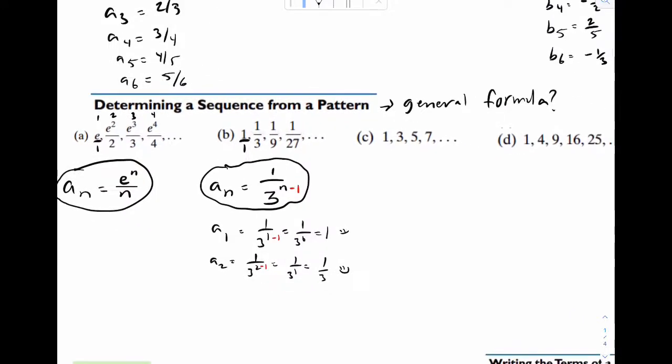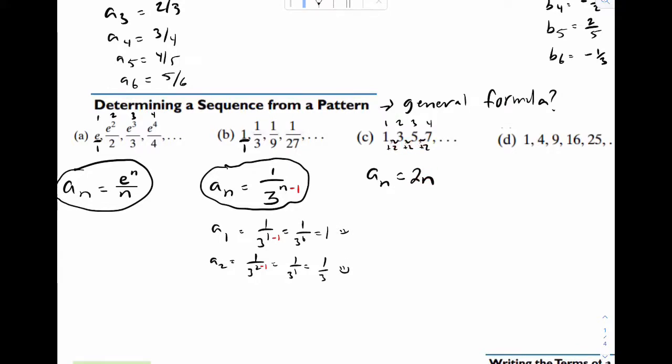This one I can see, if I plug in 1, I want 1, 2, I want 3, 3, I want 5, 4, I want 7. So I'm already noticing that every single term is going up by 2, plus 2, plus 2, plus 2. So to help, I'm going to write, there has to be a 2n in there. Because if I'm having a 2n, that's the only way I can make each of these go up by 2.